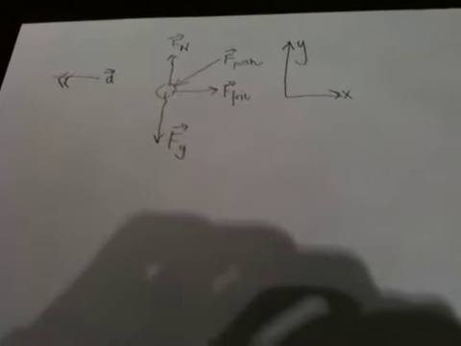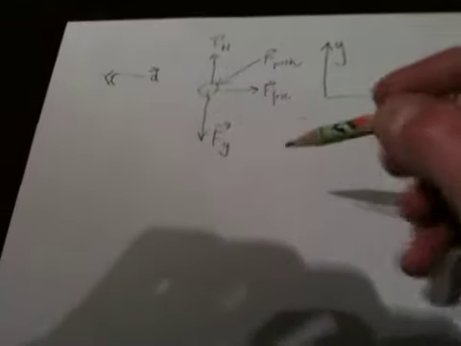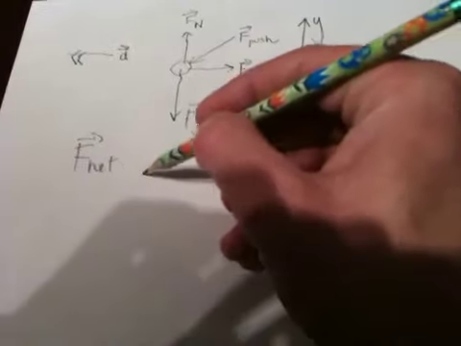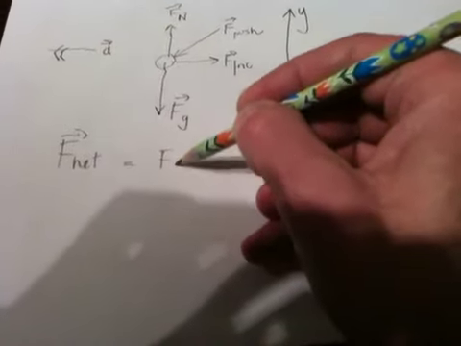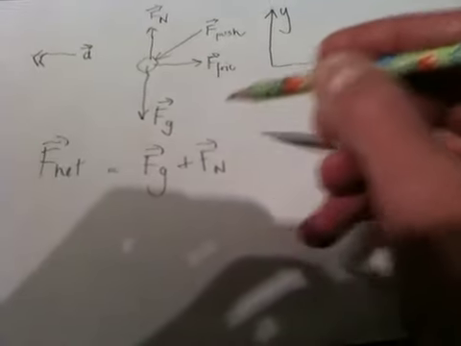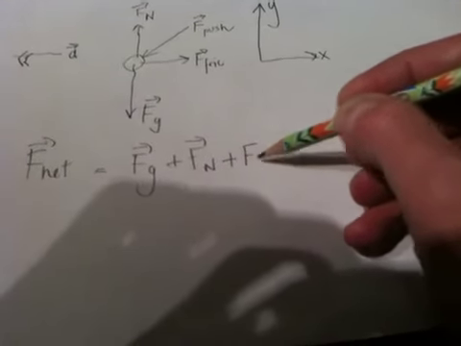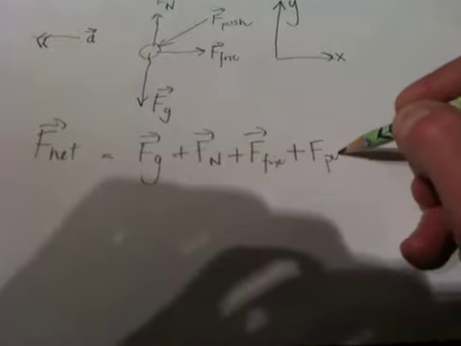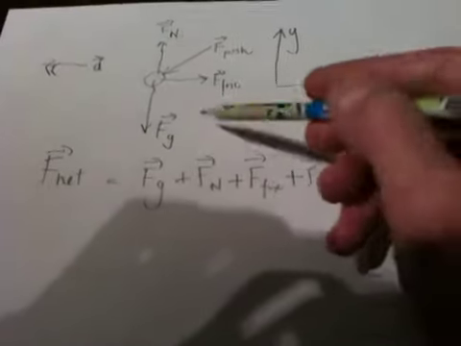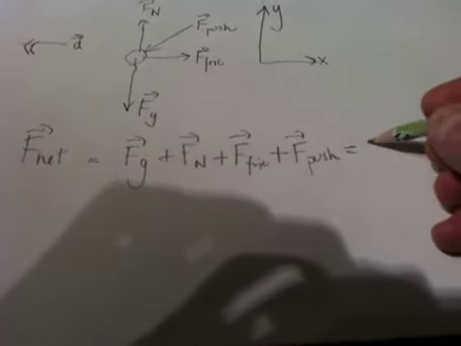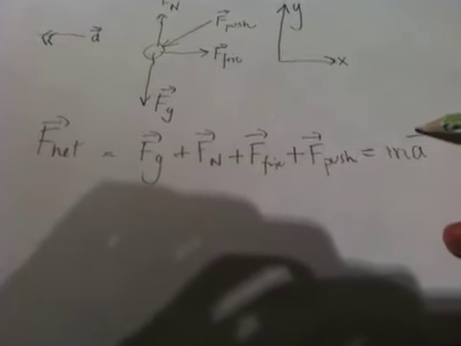Okay, so as we know very well, the sum of the forces, which in vector language is written like this, four forces, 1, 2, 3, 4 forces equals mass times acceleration.